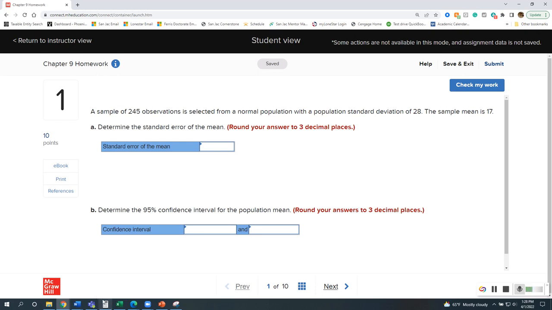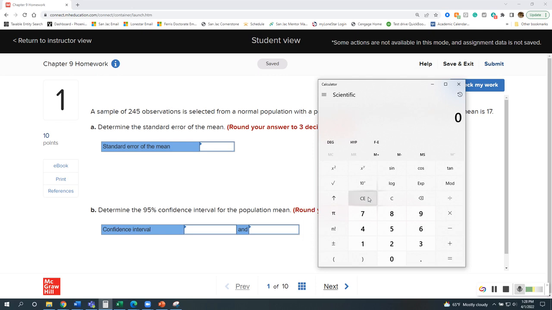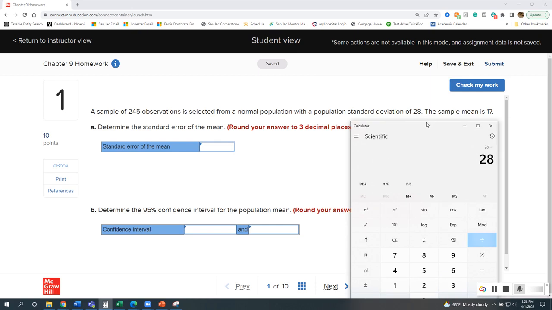So let's get our calculator out. 28 divided by the square root of 245 gives us about 15 point. Oh, did I actually answer that?